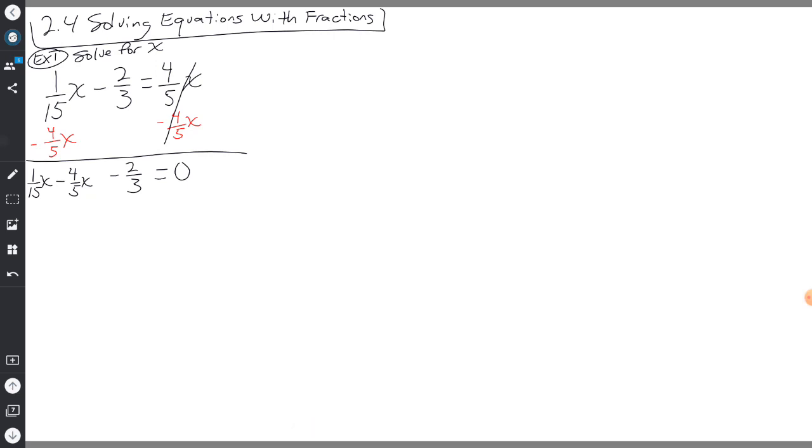15. So we can multiply that second one. What are we multiplying this one by? Right, so that we can have 15 in our denominator.